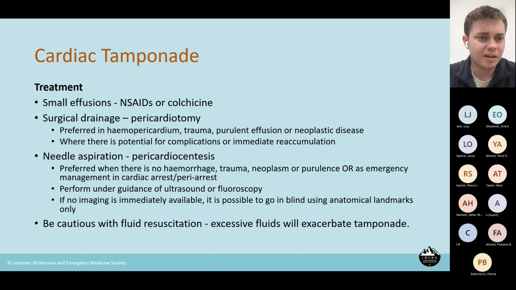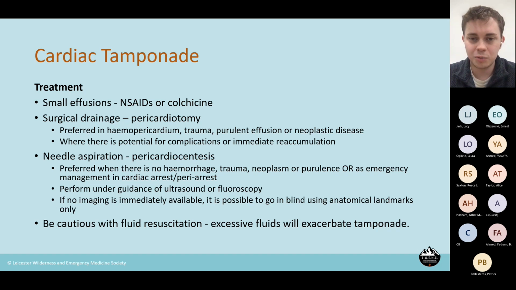It's preferred when it's blood that's in the pericardium, if there's any trauma, purulent effusion, so from an infective cause, or neoplastic disease, and where there's potential for complications or reaccumulation.